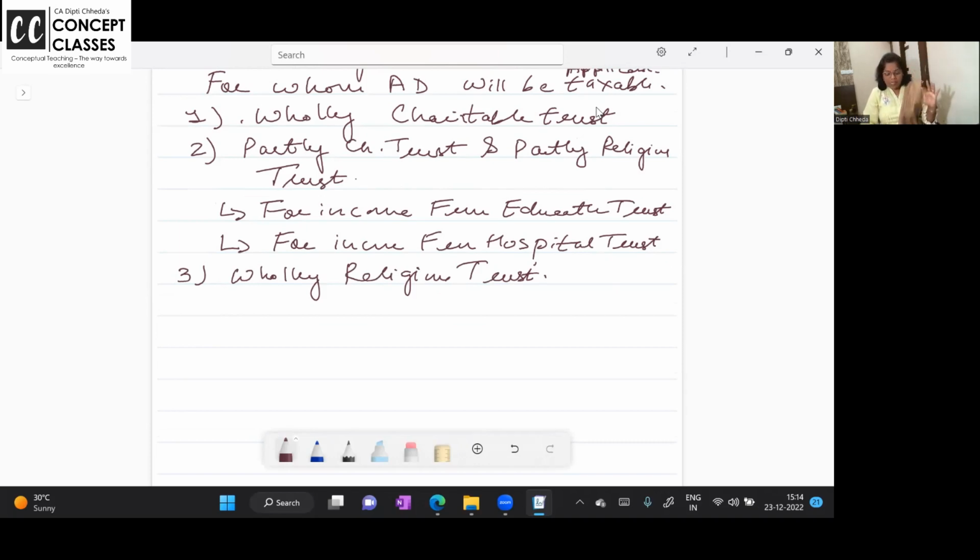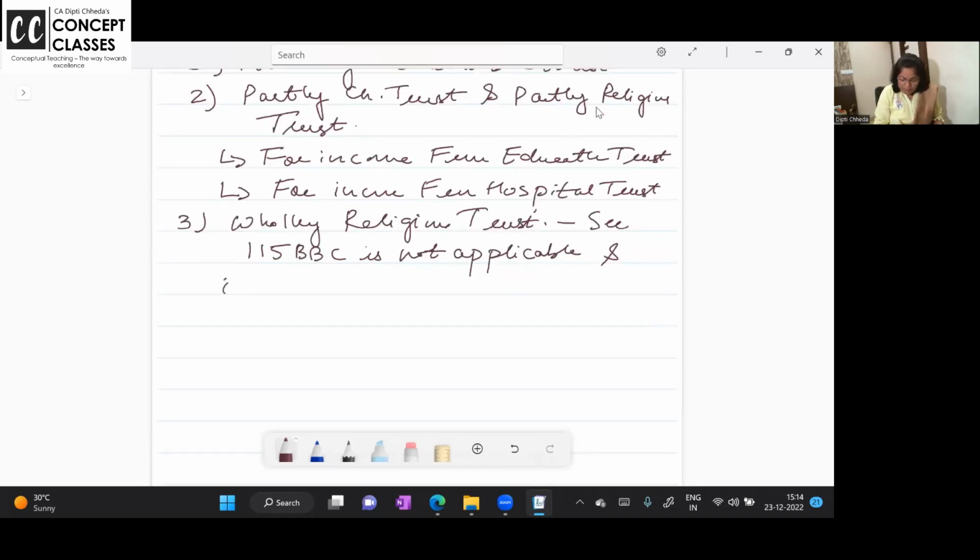Answer is no. If it is a wholly religious trust, then section 115 BBC is not applicable, and it will be covered by section 11, 12 exemption.